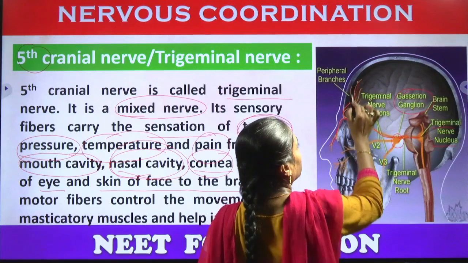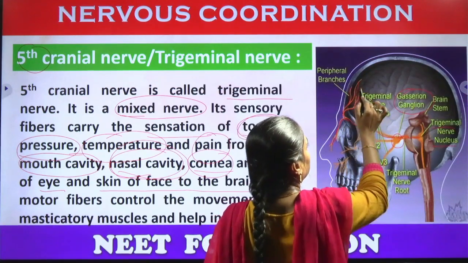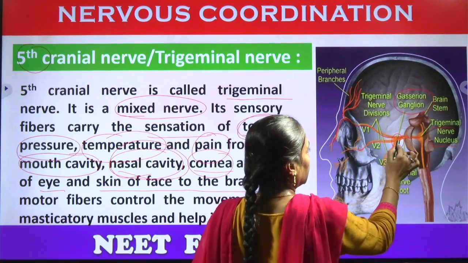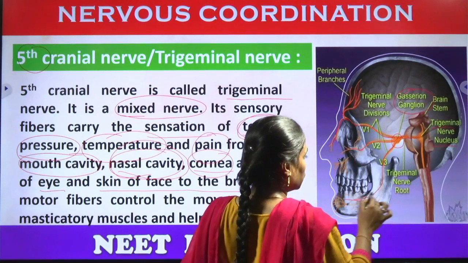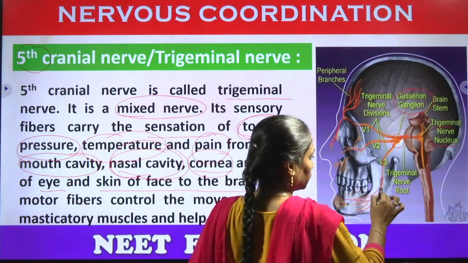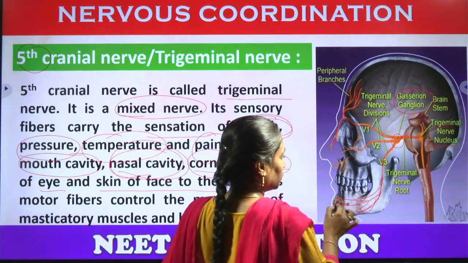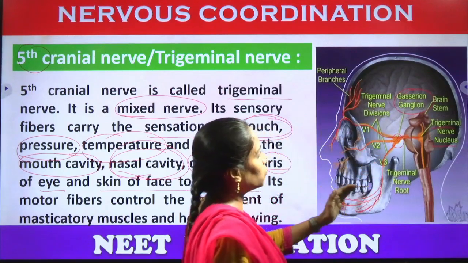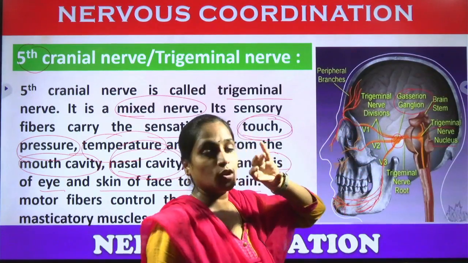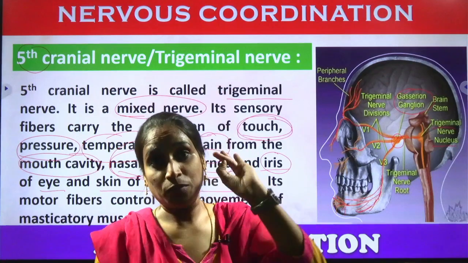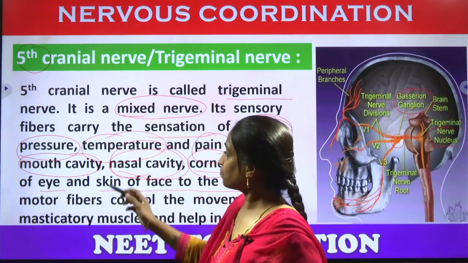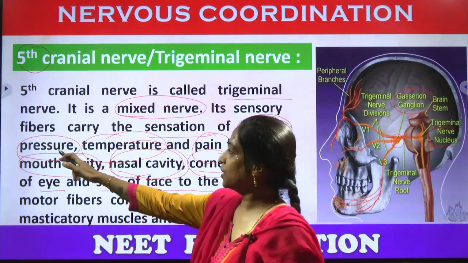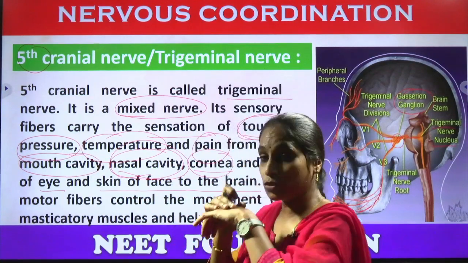See how the branches arise. The first branch, the second V2 branch, and this is the third branch towards the jaws. These are the different nerves which control skin, pressure, the normal sense of touch, temperature, and also pain.